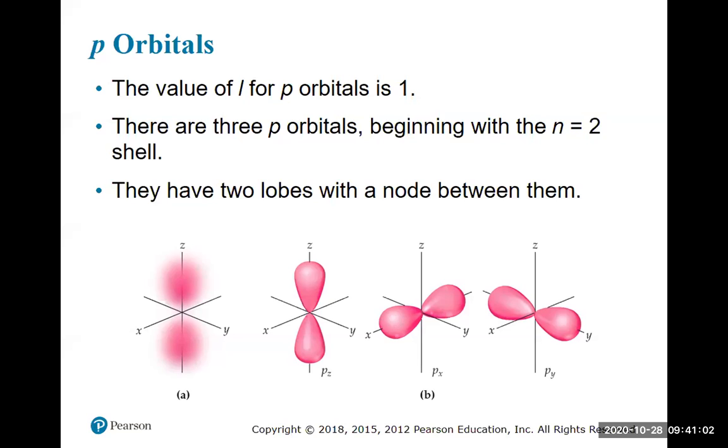In each of these, it looks the same, right? It's just 2 lobes. So that second quantum number, which tells us the shape, is telling us it all looks the same. But that third quantum number is the orientation. One of them is along the z-axis, one along the x-axis, and one along the y-axis.